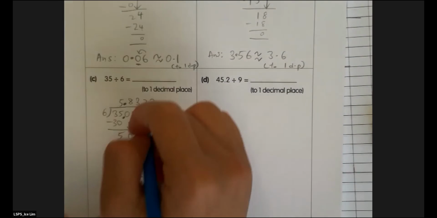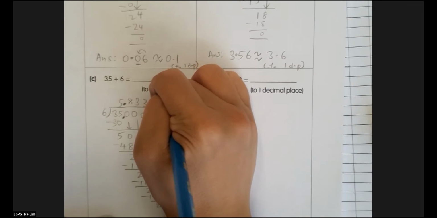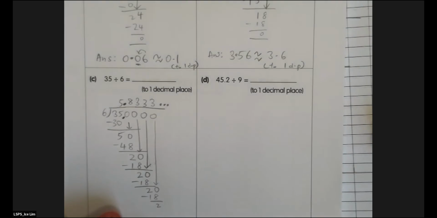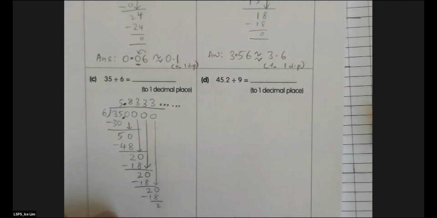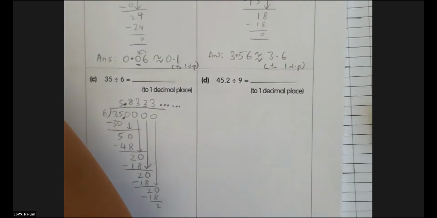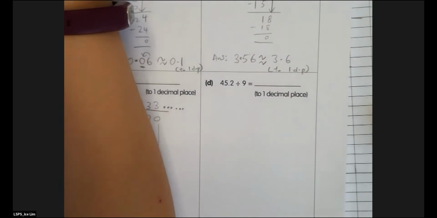So the answer is, all of us know, the story continues. The story never ends. It is 5.83333333333333333. But Chelsea says, hey guys, you know what?